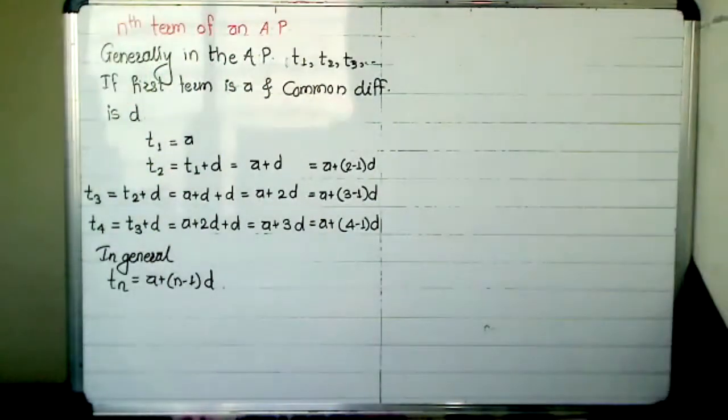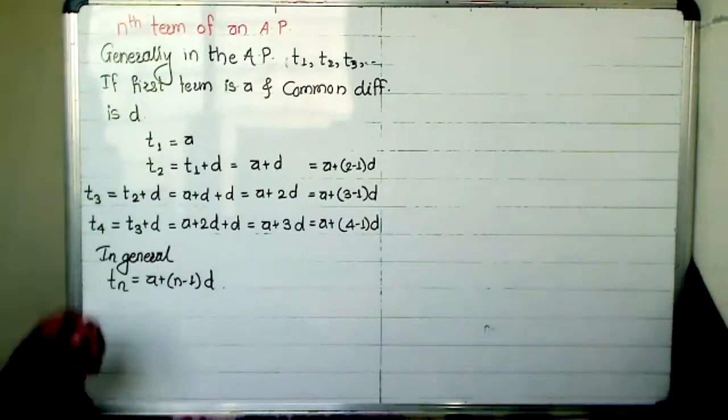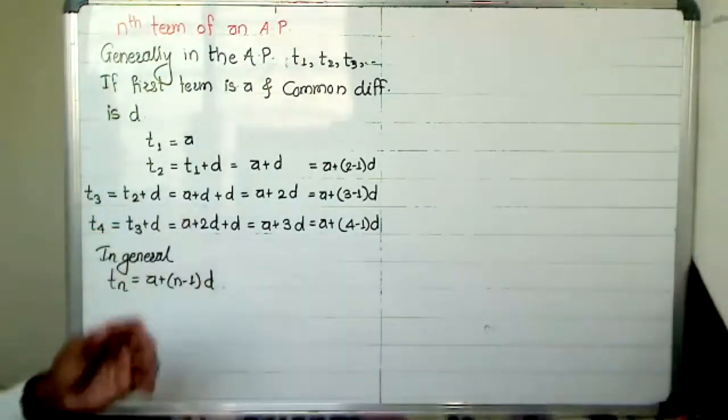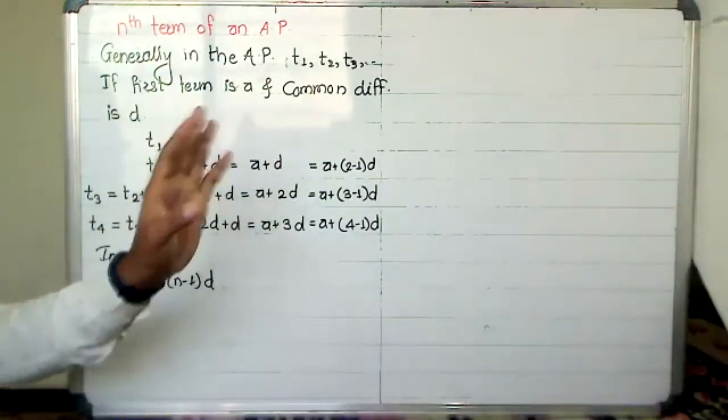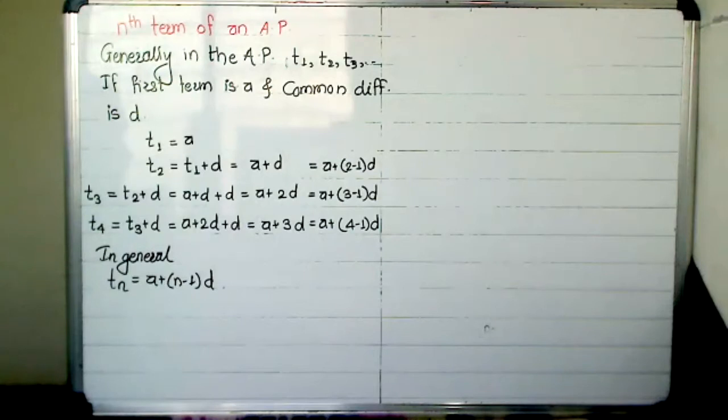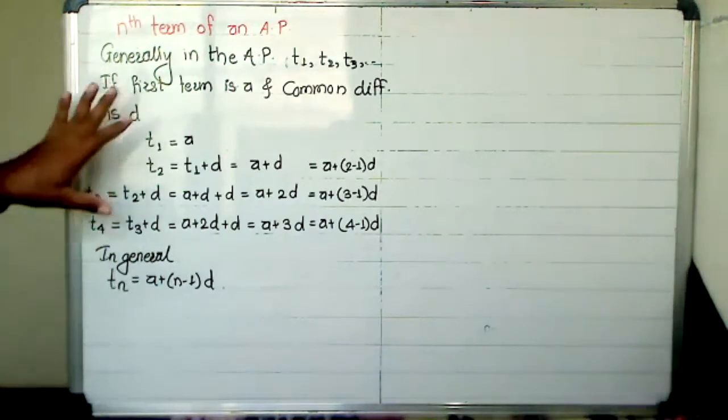Suppose we are given an arithmetic progression where A is something and D is something. Then find the 35th term, 25th term, 50th term. That type of examples we can solve.